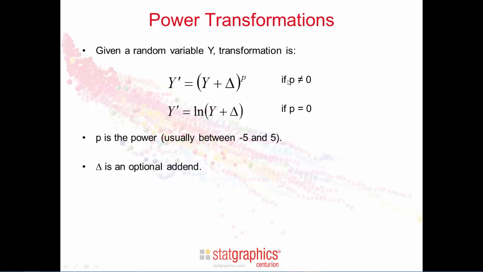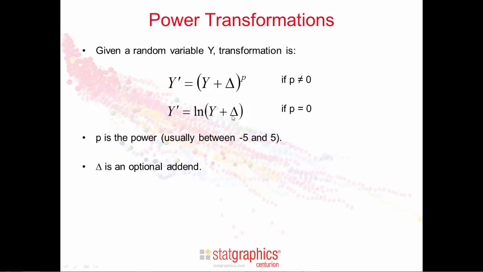As a continuous function of p, we would take y plus delta and raise it to the p power if p was not 0. However, if p is 0, we'll instead take the natural logarithm of y plus delta.